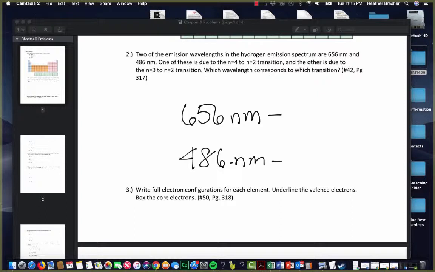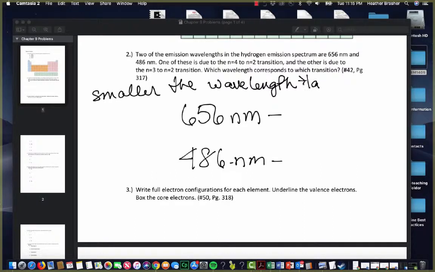Basically, when you guys are looking at this, the thing to remember is the smaller the wavelength, the larger the energy of the photon.